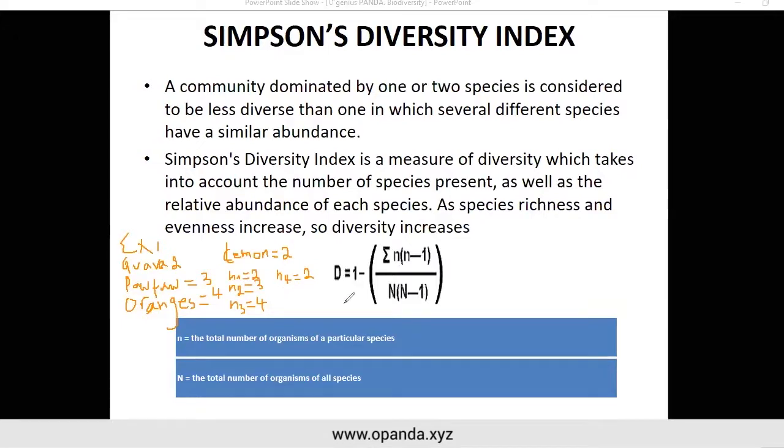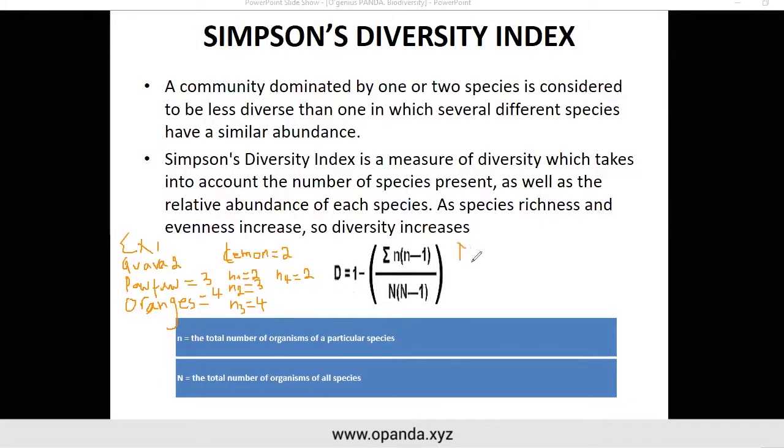Yes. What about big N? Now you find smaller n's. You have n1 for guava, n2 for purple, n3 for oranges, n4 for lemon. Now, these are smaller n's. Now, what is big N?